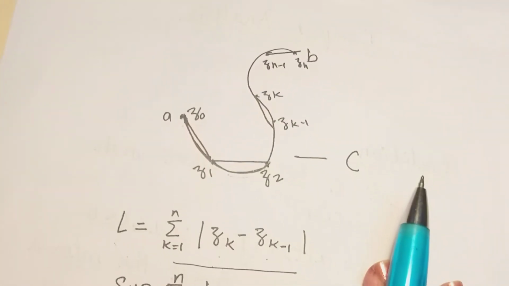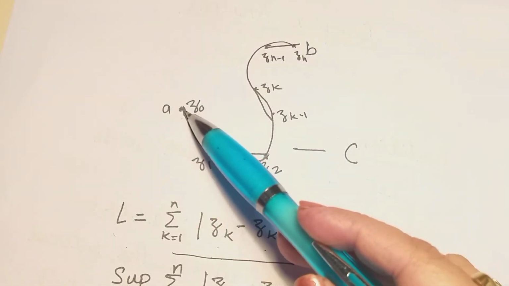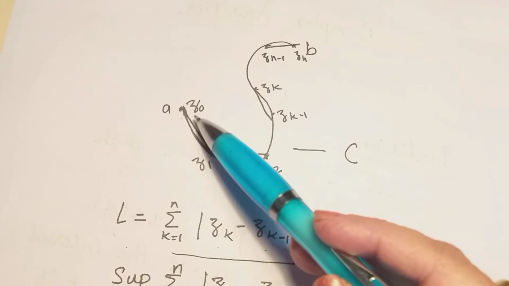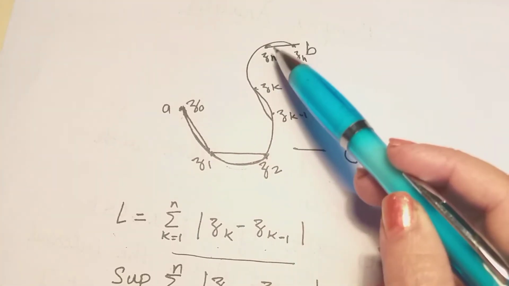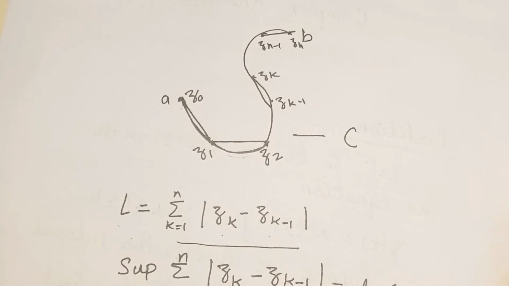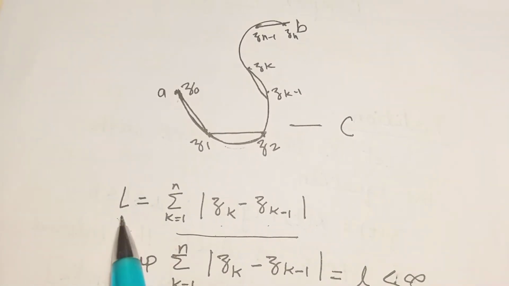Okay. Now what we do, we join these points z0, z1, z2 by line segments. Okay, like this. Then what we get? We will get a polygon. And suppose this capital L is the length of this polygon.